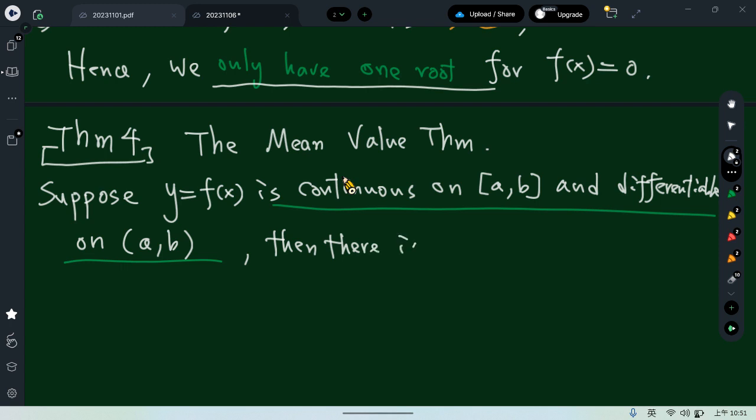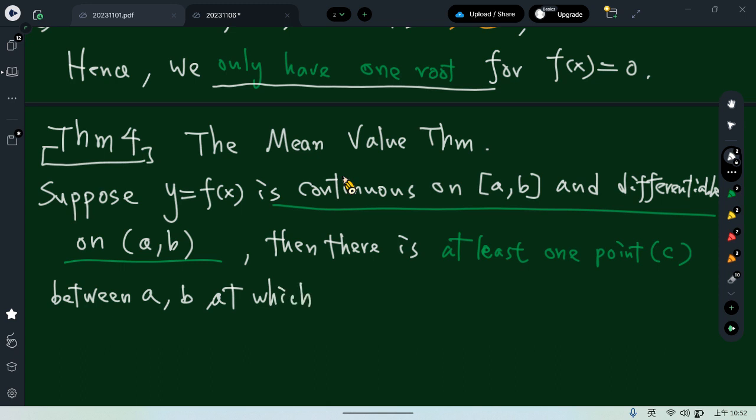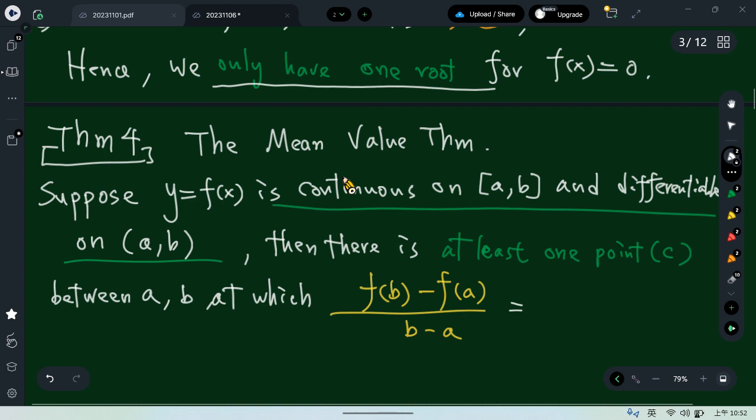Okay, so then there is, again, at least one point c between a and b, at which f of b minus f of a over b minus a is equal to f prime of c.